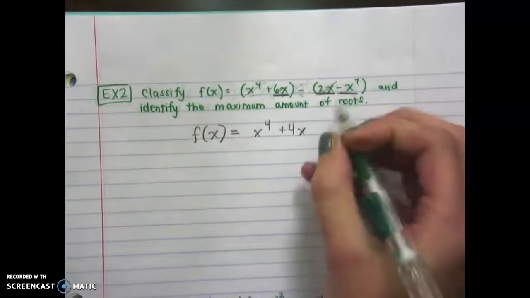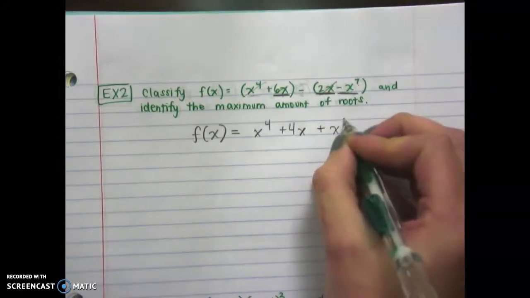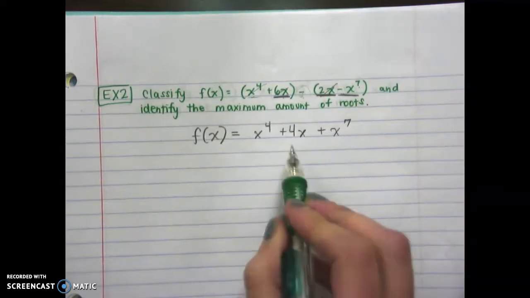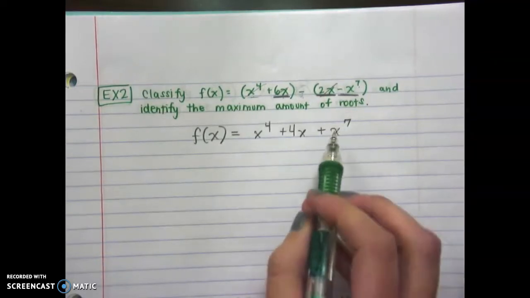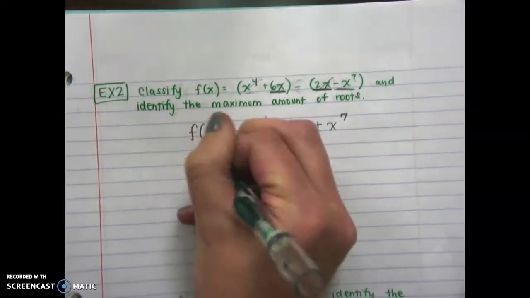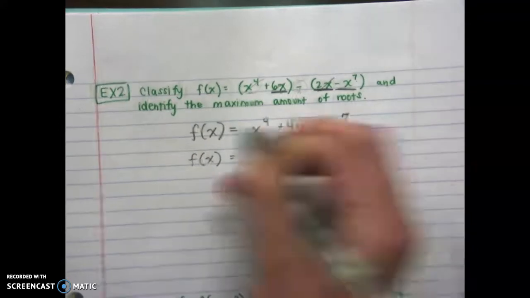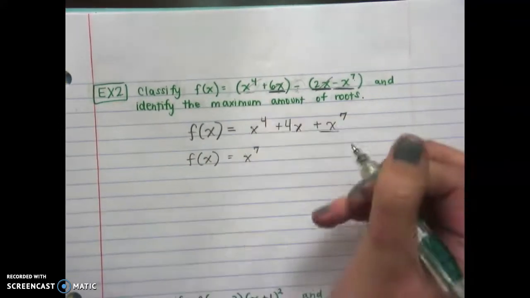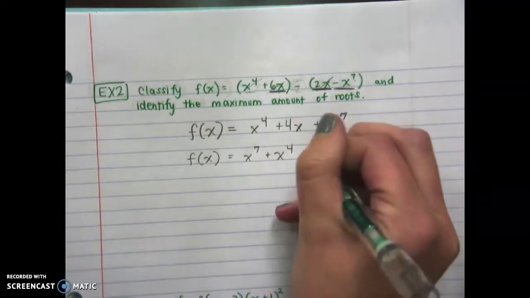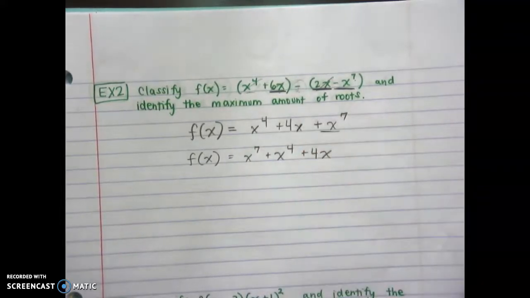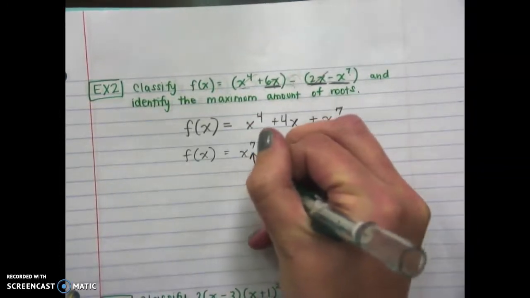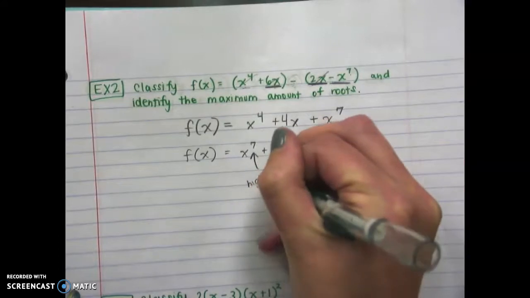Negative times a negative is positive x to the 7th. I'm not in standard form yet, because in standard form I have to have the highest degree first, followed by the next highest, and then the next highest. So in standard form, I have x to the 7th. The next highest would be x to the 4th plus 4x. So now I'm in standard form, and I can classify by the highest exponent.